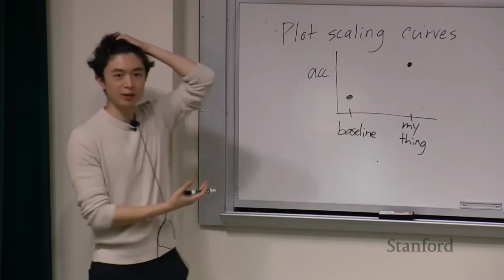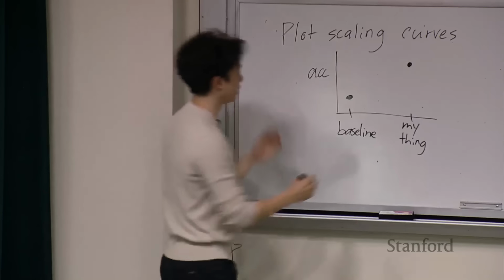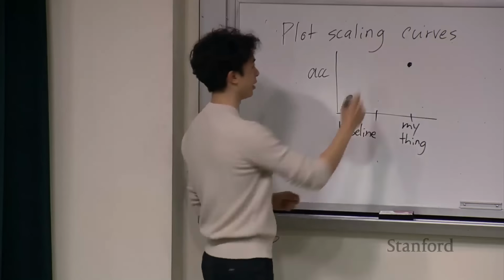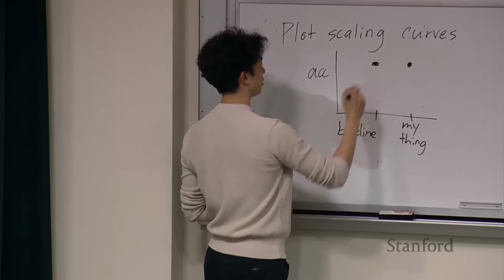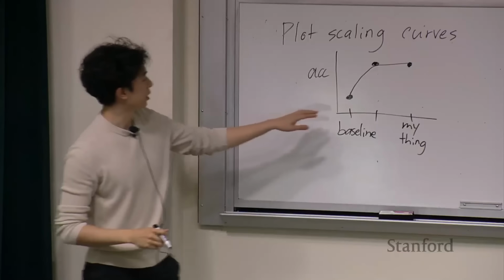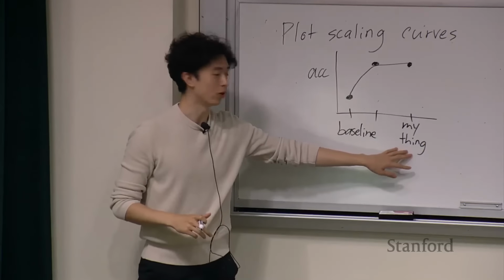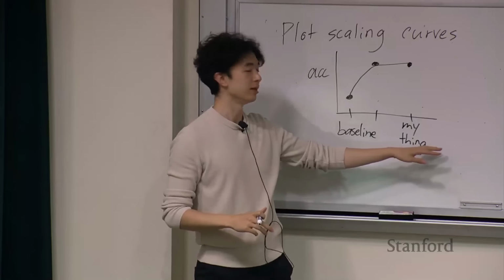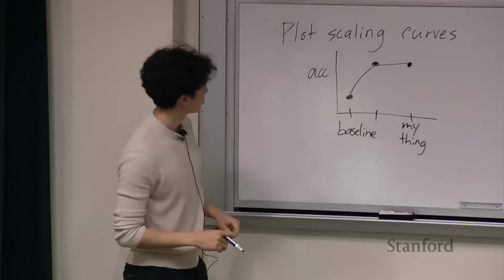The reason you want to plot a scaling curve for this is, let's say you take half the data, and you find out that the performance is actually here. So your curve looks like this. What this would tell you is you didn't have to collect all the data to do your thing, and if you collect more, you probably won't see an improvement in performance.